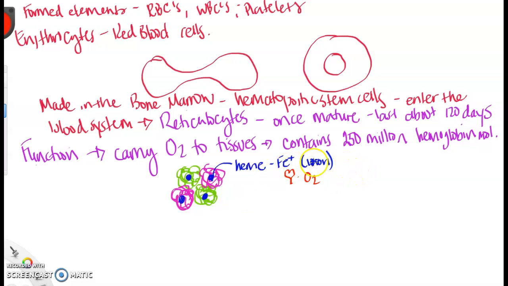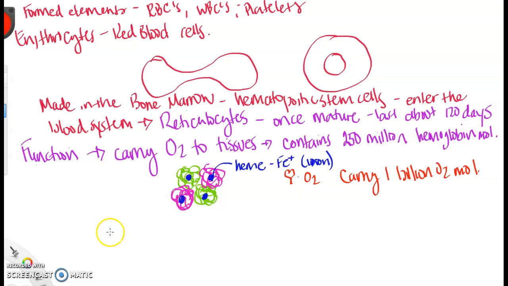So one red blood cell can carry 1 billion oxygen molecules. Okay, and that's what they do. They pick up this oxygen from the lungs, and then they carry it to all of the tissues in the body.